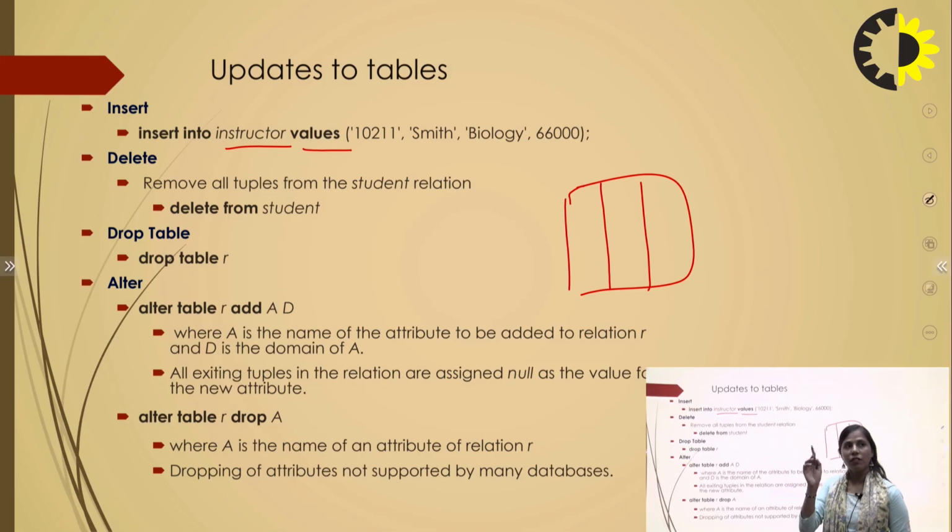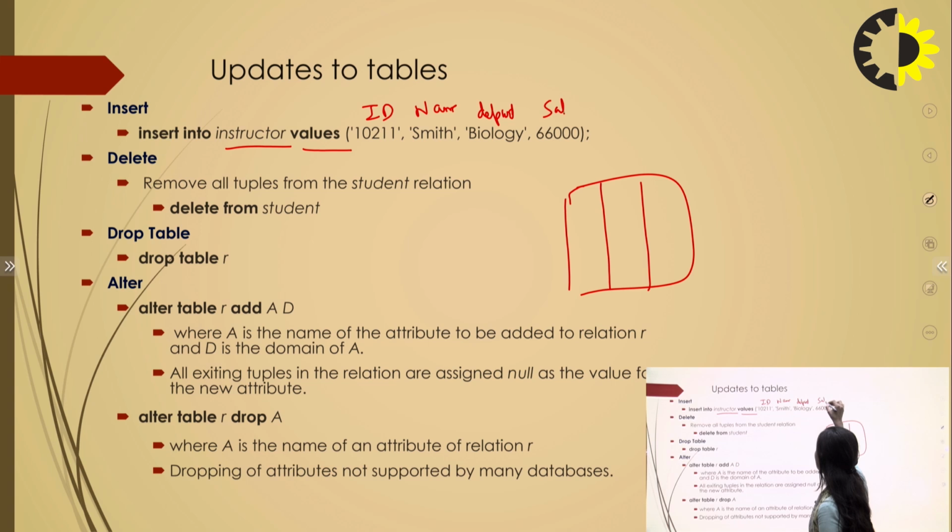For example, in the previous structure we had taken ID, name, department, and salary. Now we have to insert the values. So over here the ID is this, name is Smith, then we define the department, then the salary. This is how we can insert the values.